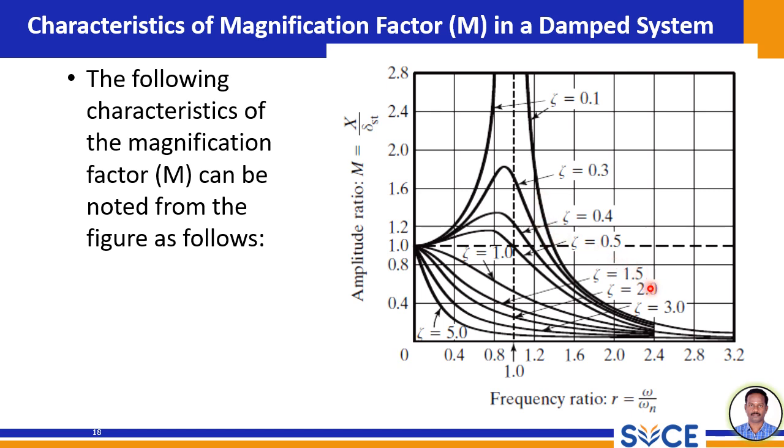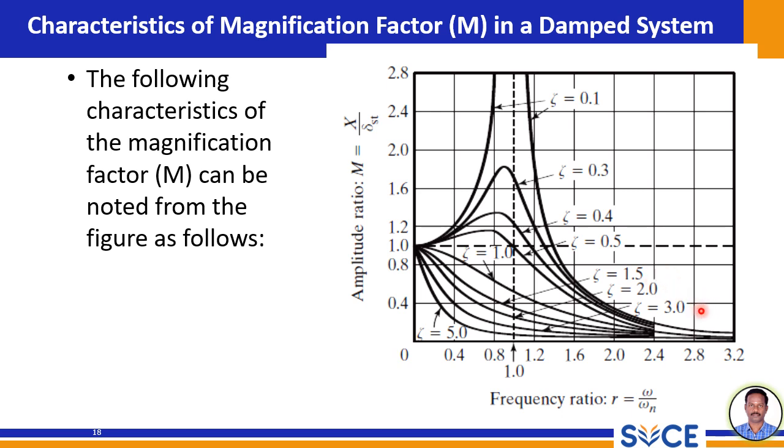For critical damping, next move on to psi equal to 1. The system is critically damped. There is no peak here, and the magnification gradually decreases as the frequency ratio increases. For overdamping, that is psi more than 1, we have three scenarios: 1.5, 2, and 3.